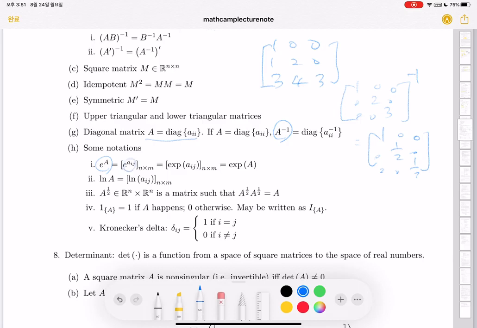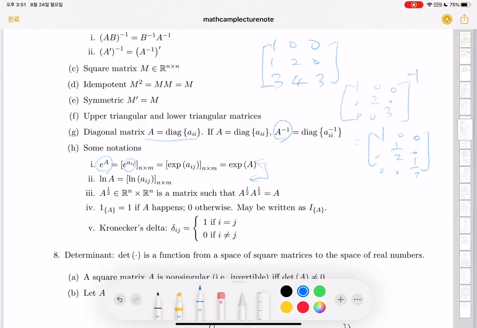Matrix exponentiation and matrix logarithm are rigorously defined, and when you study these things you can see that the rigorous definitions are not this.